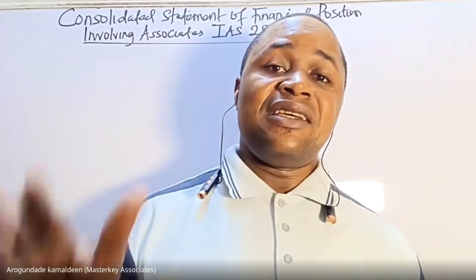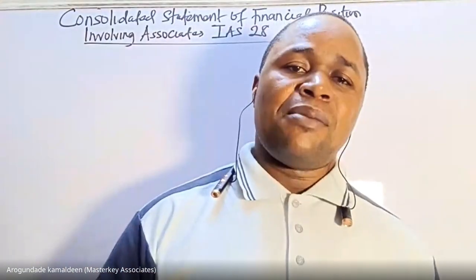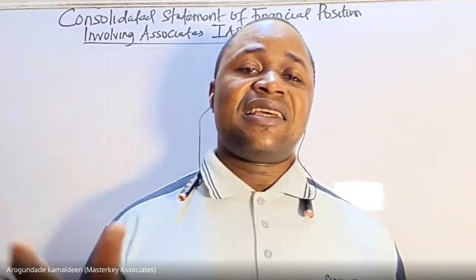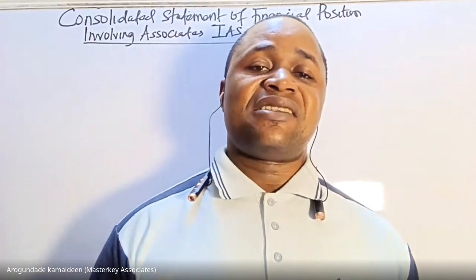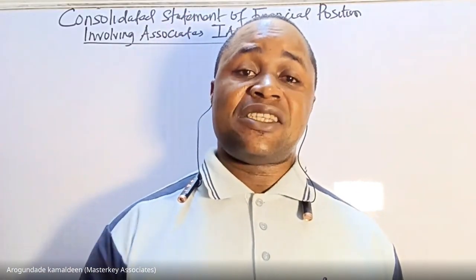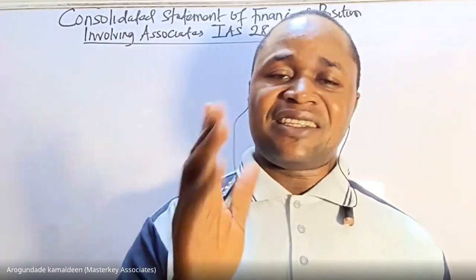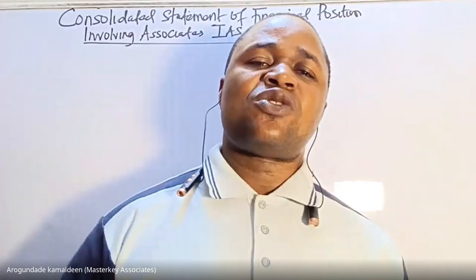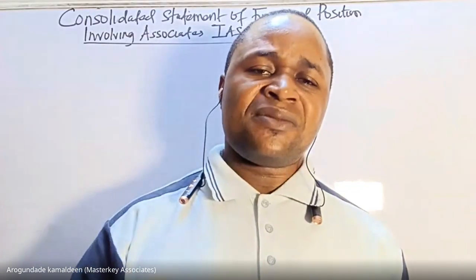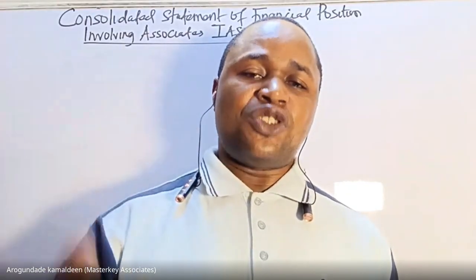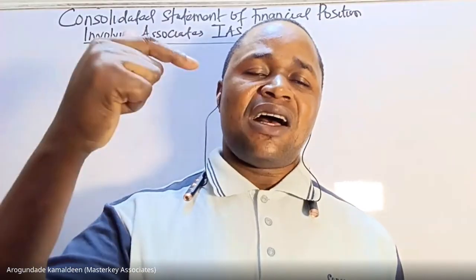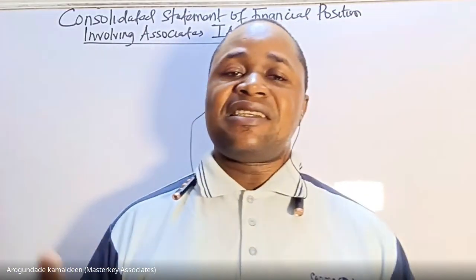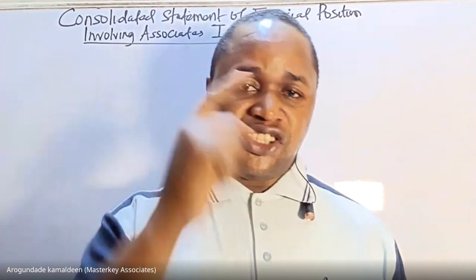You consolidate. By consolidation, you add the subsidiary's assets and liabilities to those of the parent company. The parent company is consolidating because it has control. So it is the parent company and subsidiary relationship.